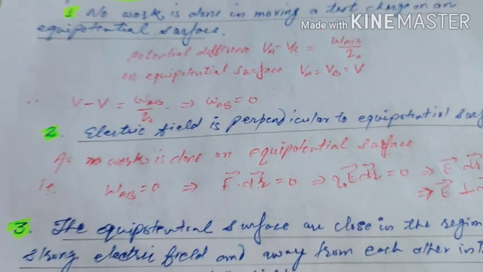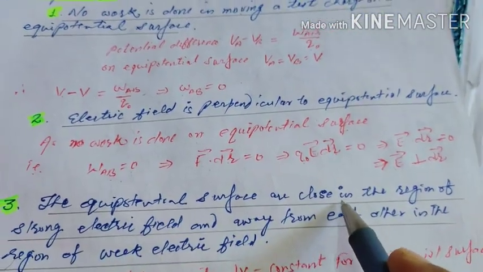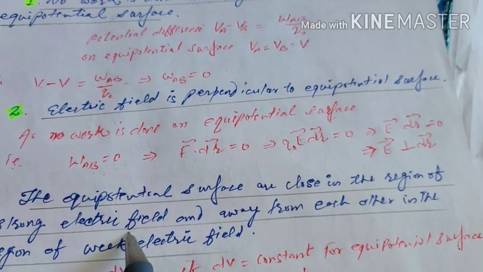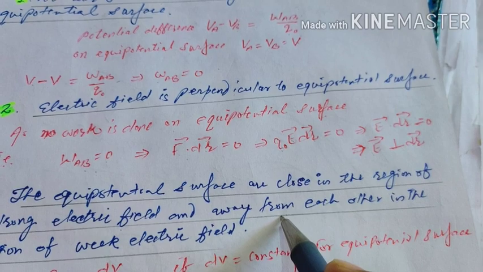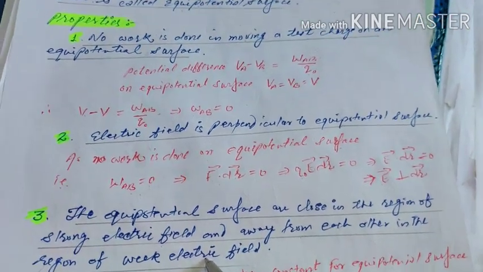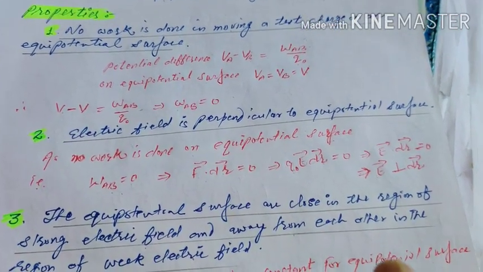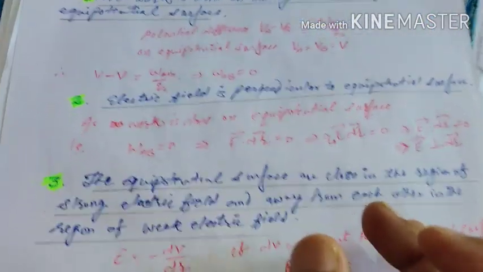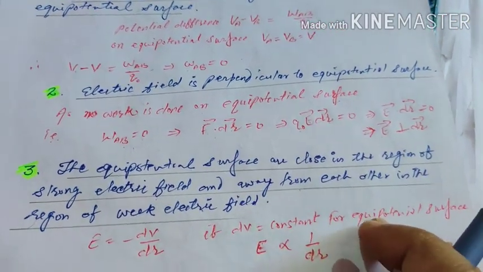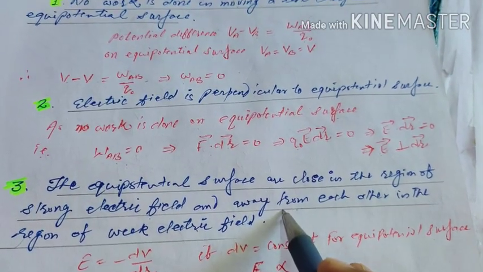Now let us move to the third property, that equipotential surfaces are close together in the region of strong electric field, and they are further away from each other in the region of weak electric field. Where the electric field is strong, equipotential surfaces are closely placed, but where the electric field is weak, they are quite far from one another. How?